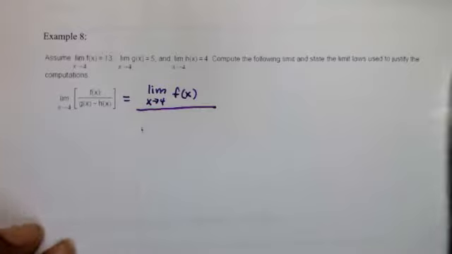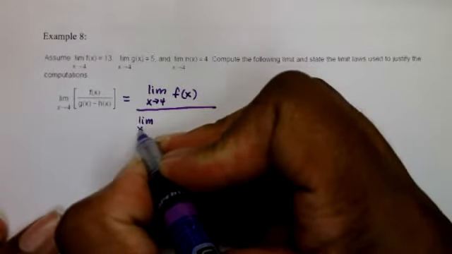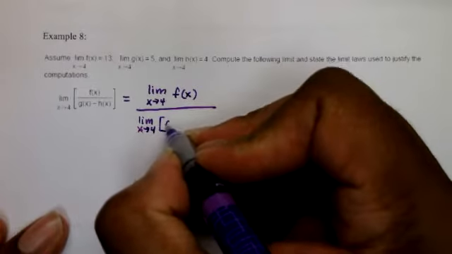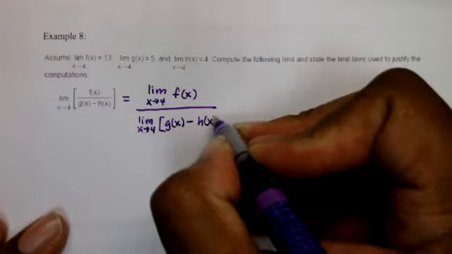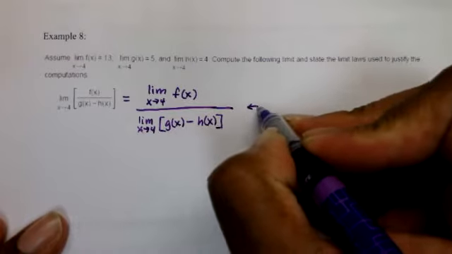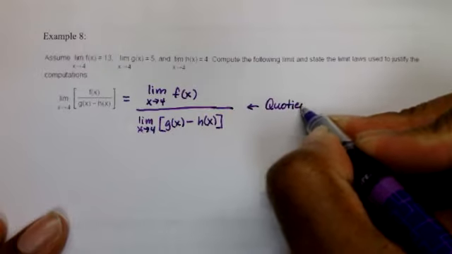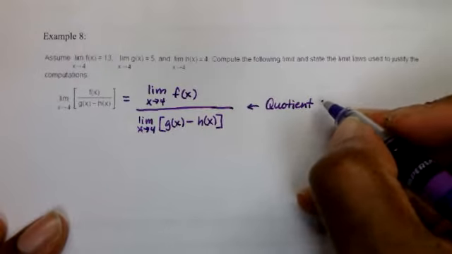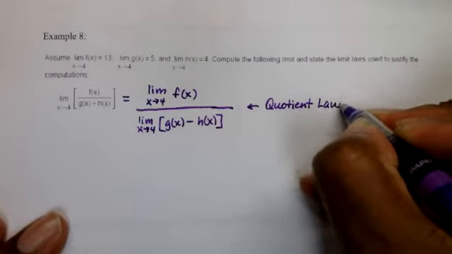In the denominator, we're going to do the limit as x approaches 4 of g of x minus h of x. So here we're using the quotient law. Because I have the limit of the quotient, I can write that as the quotient of their individual limits.